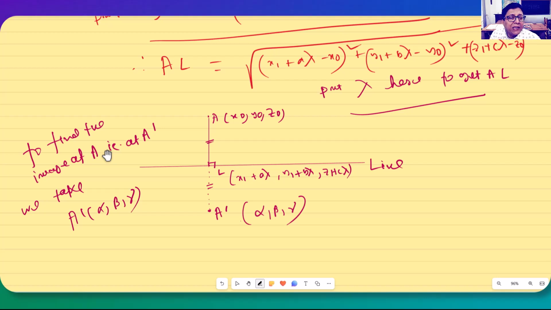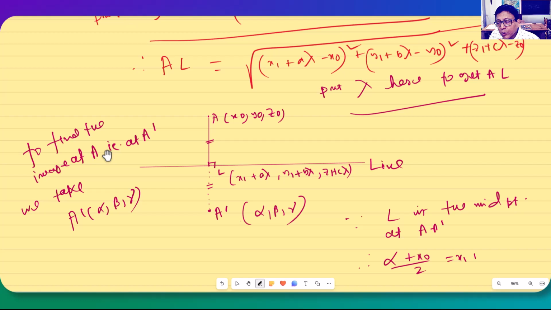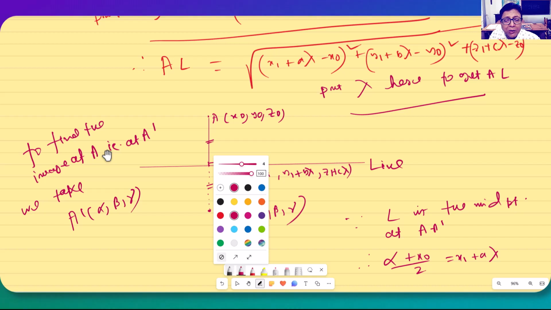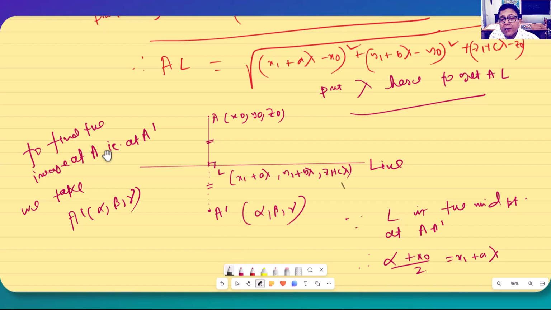Now since L is the midpoint of A dash, therefore alpha plus x0 by 2 equal to x1 plus A lambda. Lambda is known here; lambda we have found. So we'll put the value of lambda, and then you can get alpha from here.